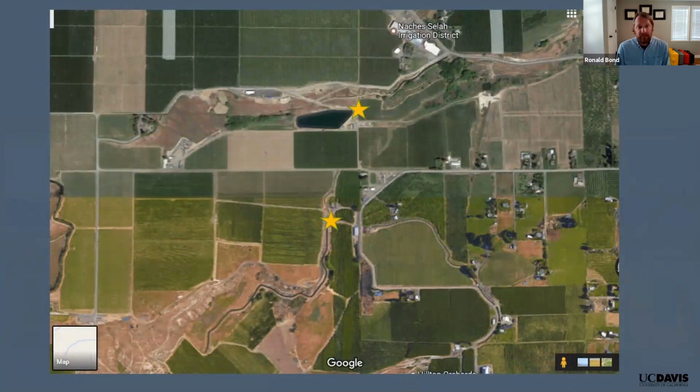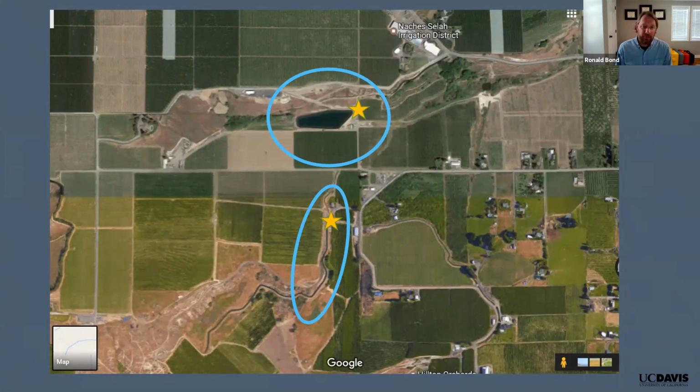Now, here's an example of a place where we sampled. We sampled this canal, and then there's a pond to the north of that, those two stars there. When you're talking about adjacent, you're talking about very narrow areas. So I'm going to walk, that's probably a quarter mile upstream from the canal, and basically a 360-degree view looking around the pond.